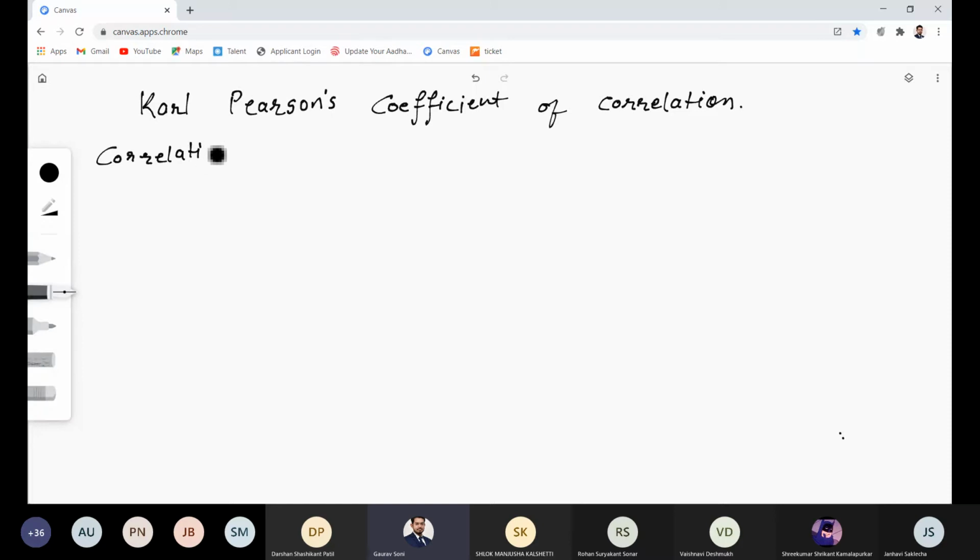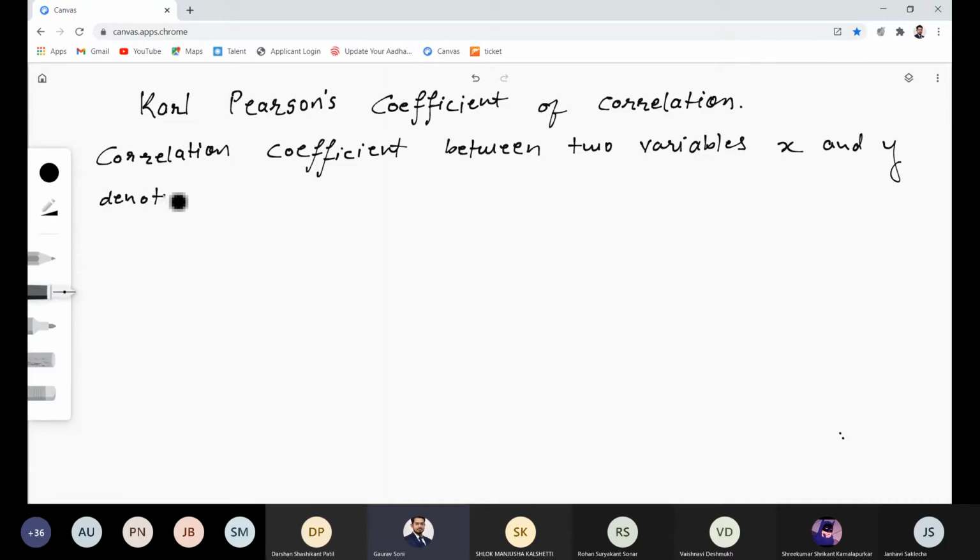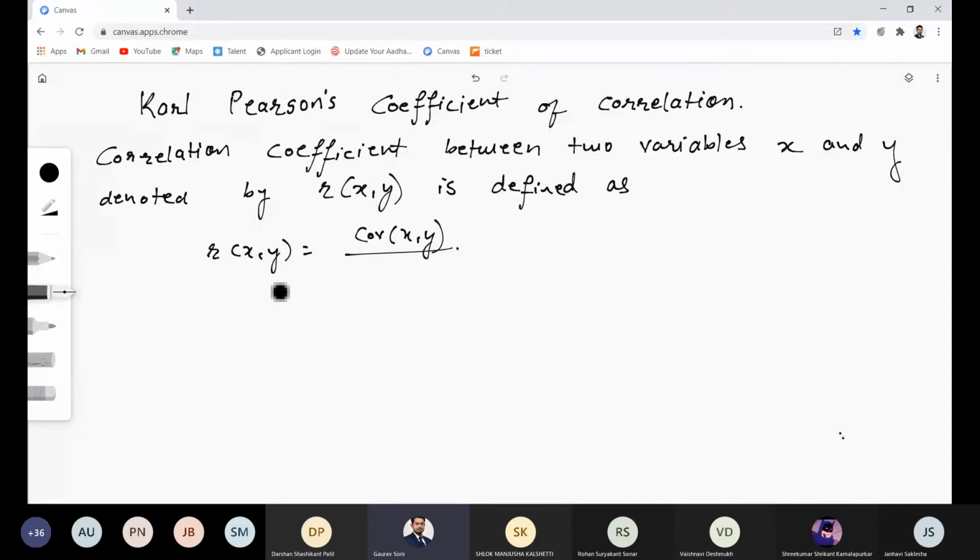Correlation coefficient between two variables x and y, denoted by r of x comma y, is defined as r of xy is equal to covariance of xy upon sigma x sigma y.